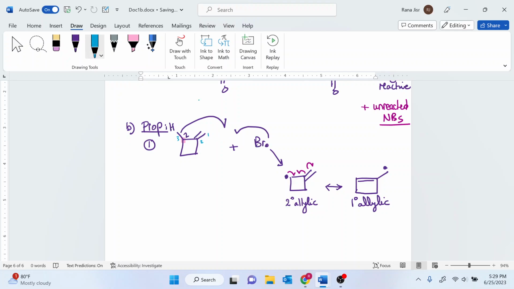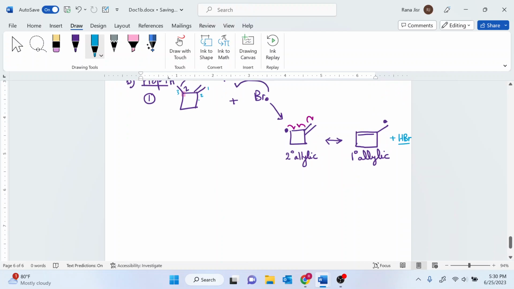So over here, I'm going to end up getting an HBr. So the moment you form an HBr, then we're going to have that side reaction that is happening with the unreacted NBS. So the unreacted NBS is going to come. NBS is very reactive towards hydrogens. So here you go. And that is going to react with HBr.